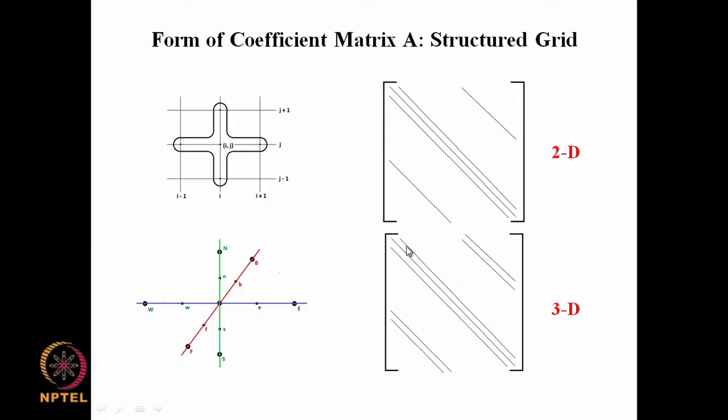So, you have the central one, the 2 immediate ones, and then zeros, a non-zero diagonal, again zeros, a non-zero diagonal, again zeros like this. So, you will have a 7 diagonal matrix, a diagonal structure to the matrix A. This is what you would have with a structured grid.